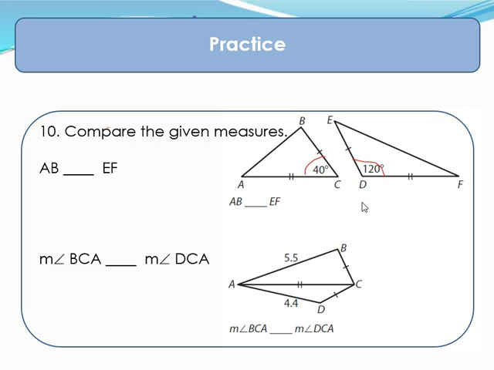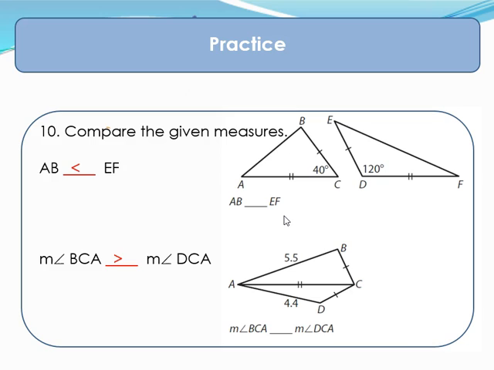So AB will be less than or greater than EF. That's what you're going to be asked to determine. So do these problems and then go to your next slide. And there you have it. AB is less than EF.